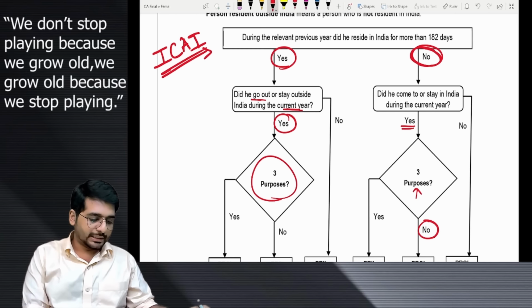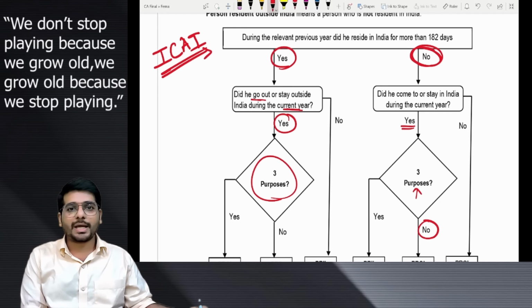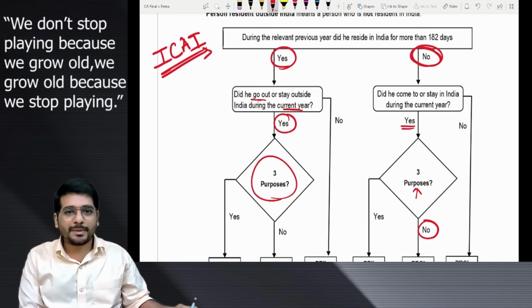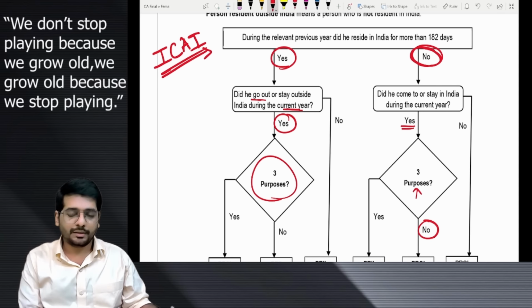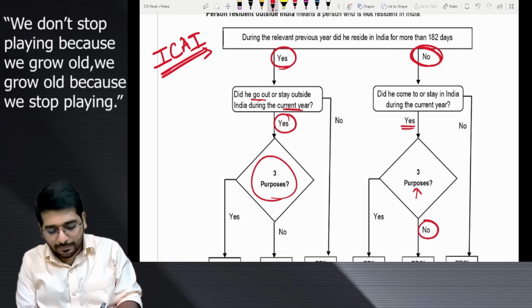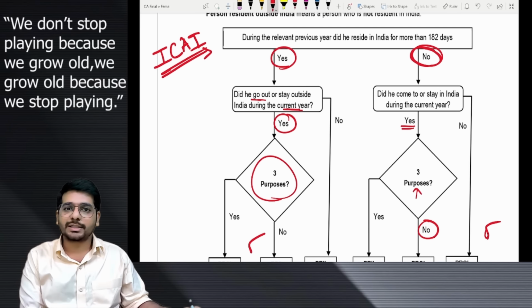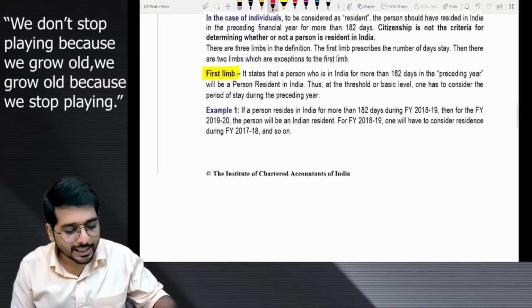Should we treat him as a PRI or a PROI? Logically, no purpose is given, so I will treat him as a PRI only. According to this, my D answer is correct. According to this, my C answer is correct. Okay, let's analyze slowly.